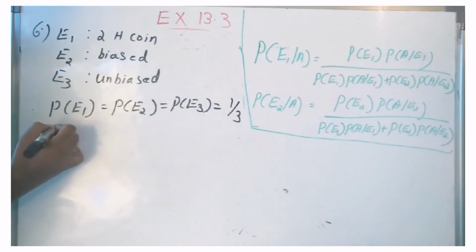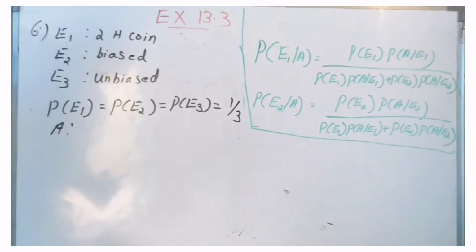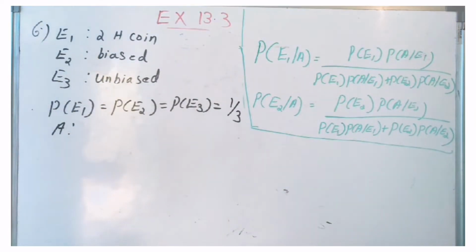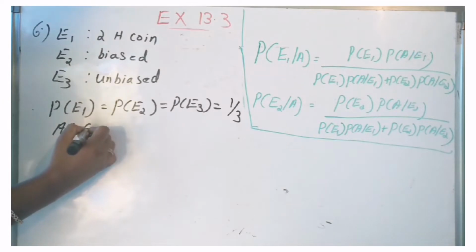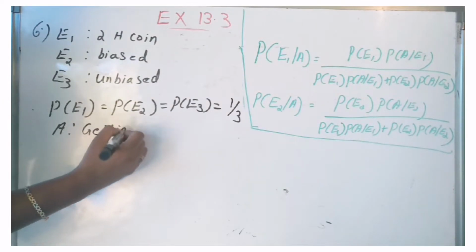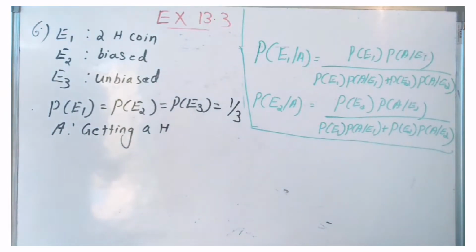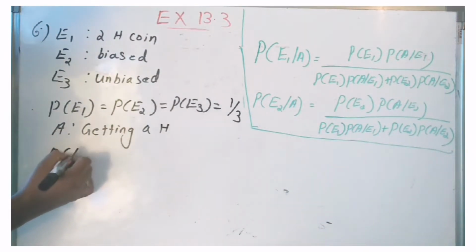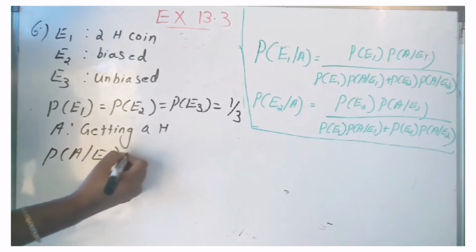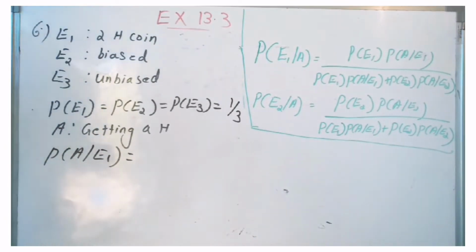Now, what is our A? Let A be the event of getting a head. That is our event A. Now, P of A given E1. That means we took that two-headed coin, and what is the probability of getting head?